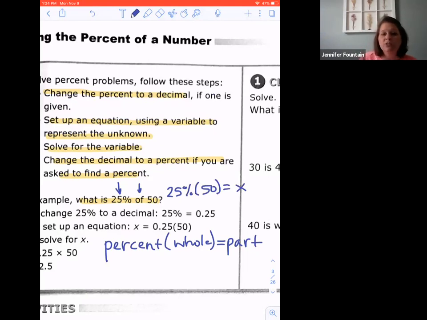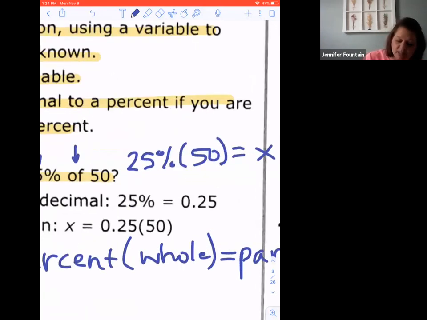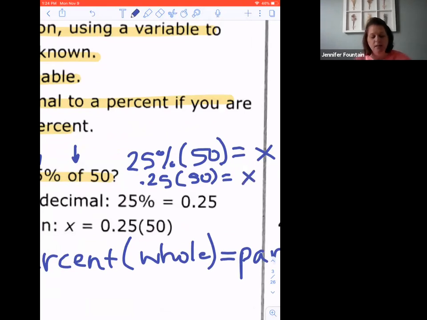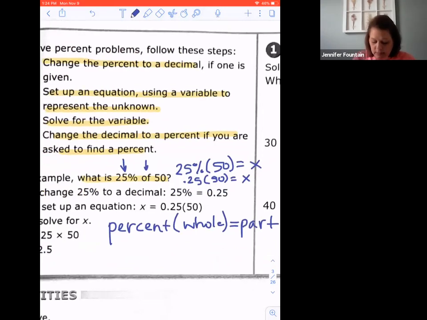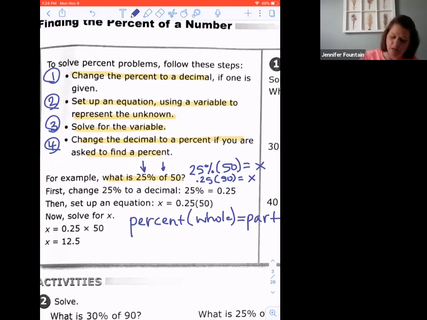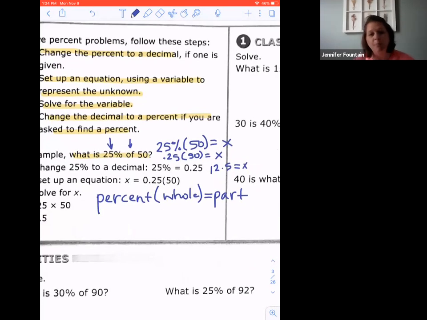Remember, step one was to change my percent to a decimal. So 25% is going to be 0.25 multiplied by 50 equals X. Then when I multiply 0.25 times 50, that is 12.5 equals X. So that is my part.